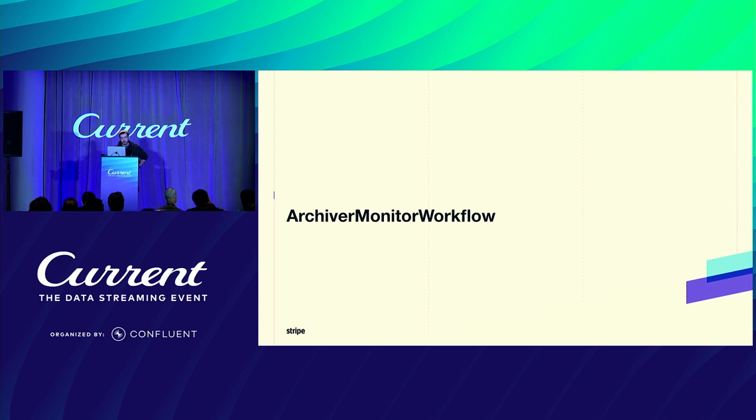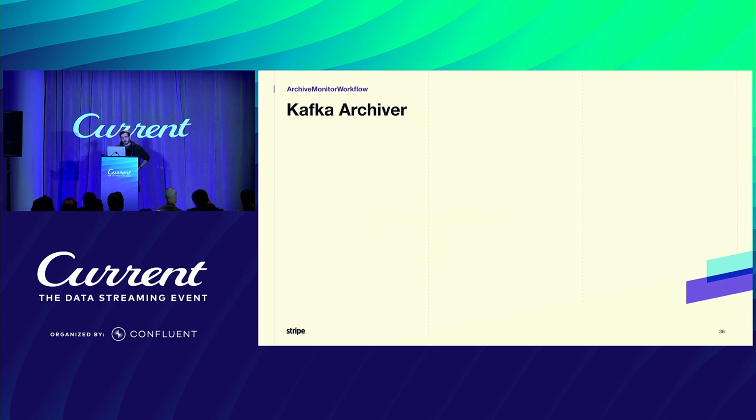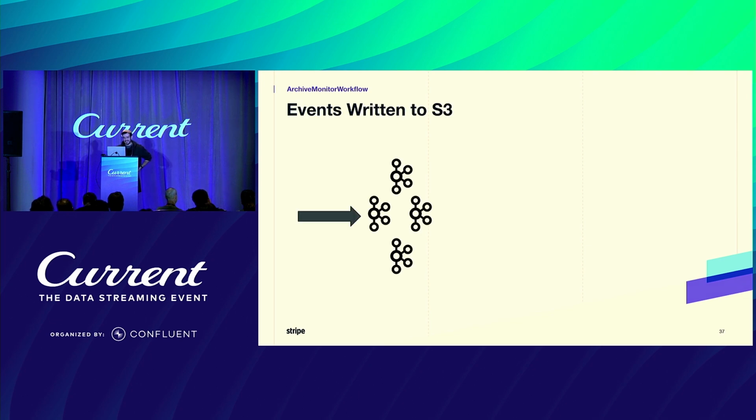So just to talk about it, to beat it to death, what the Kafka archiver does is we have all of our users writing their events to Kafka. We then write them to S3, and it's really important that when we write our data to S3, we do this in a timely manner.